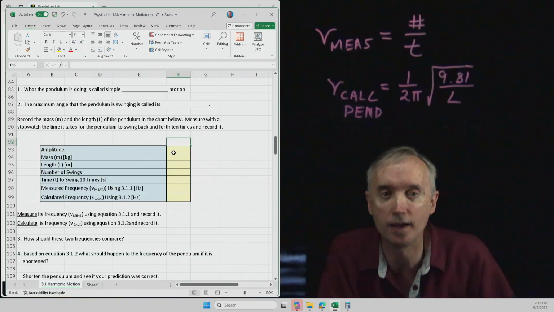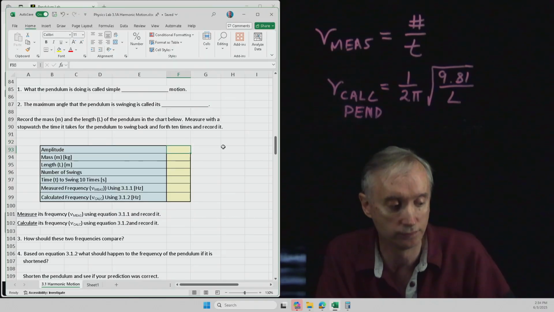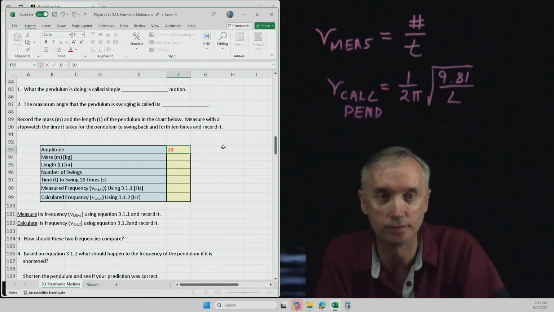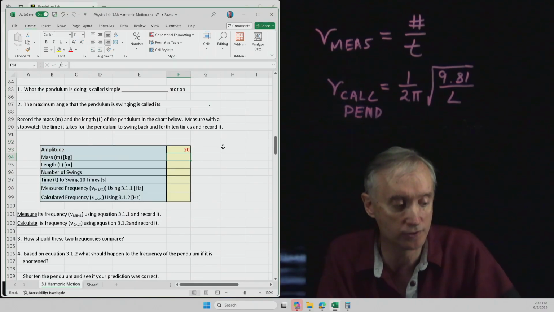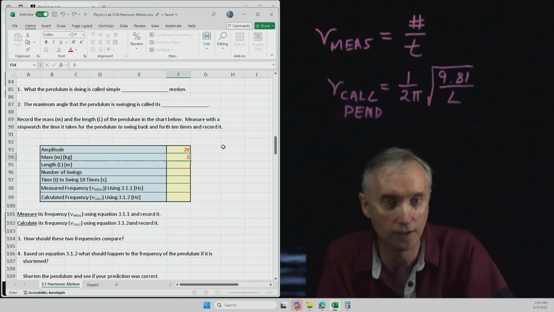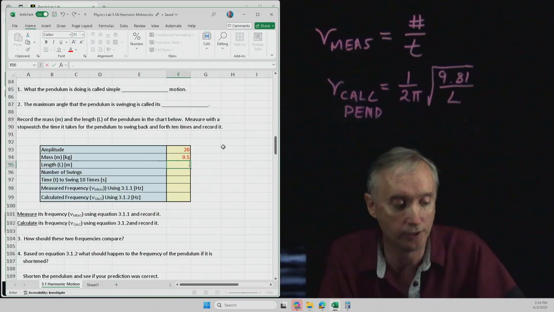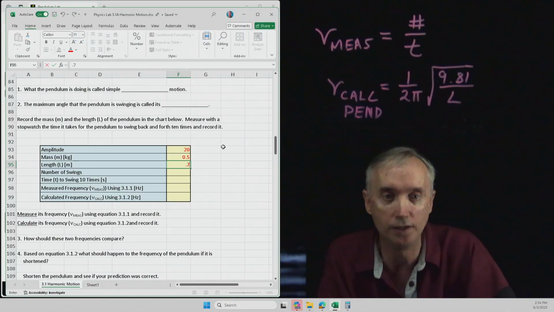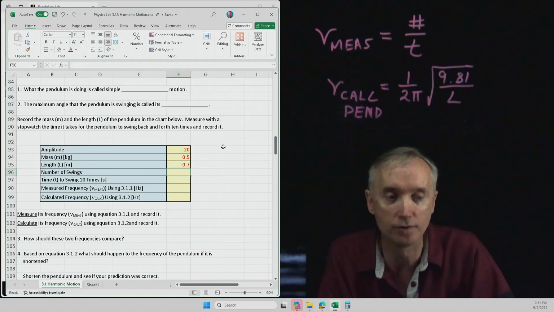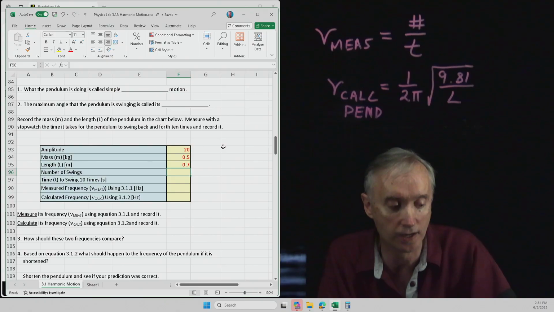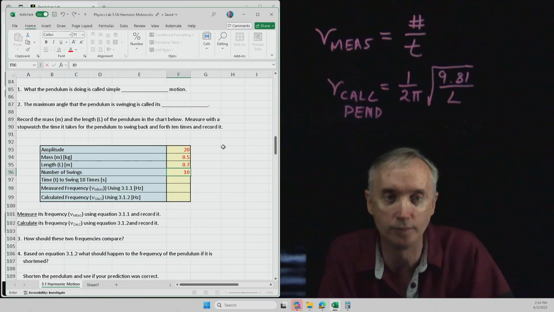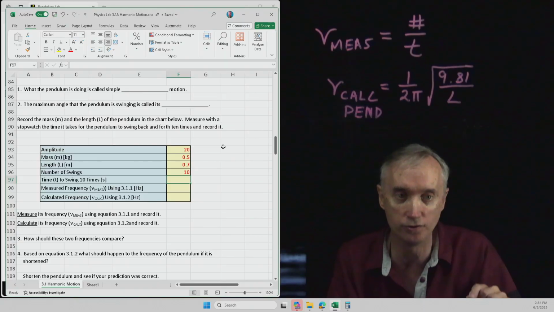Now we said that the amplitude was going to be 20 degrees. We said the mass was 0.5 kilograms. The length of the pendulum is 0.7 meters. The number of swings, now I used the number 10. I didn't time it for 10 swings, but you're going to do that.